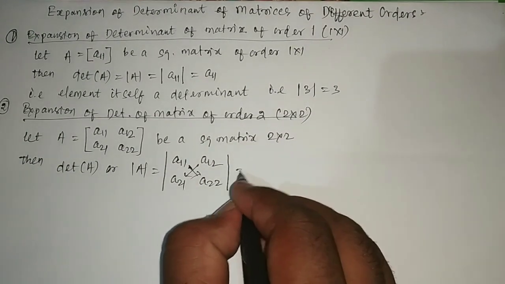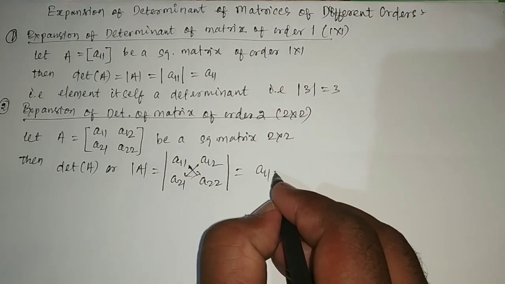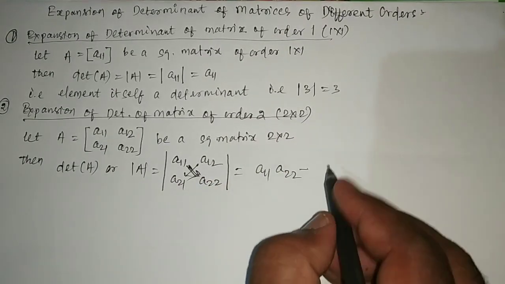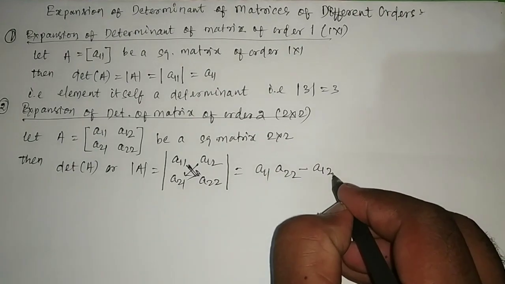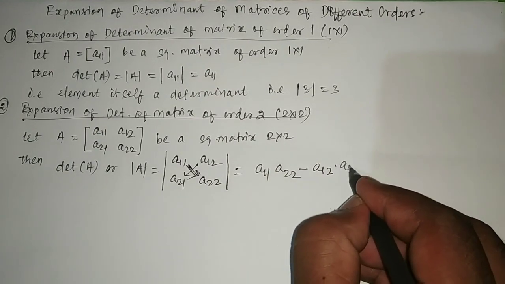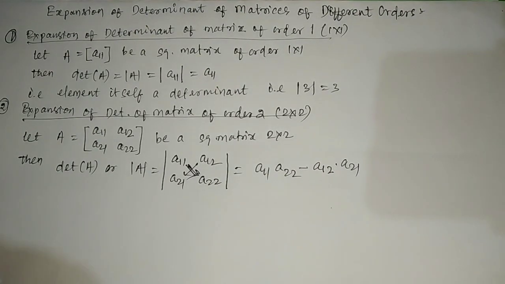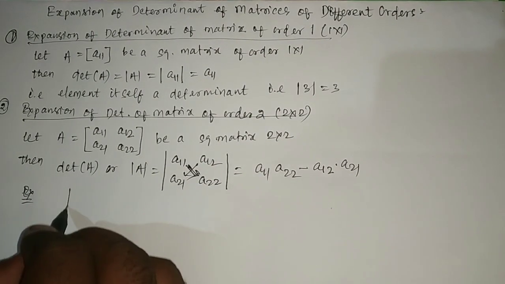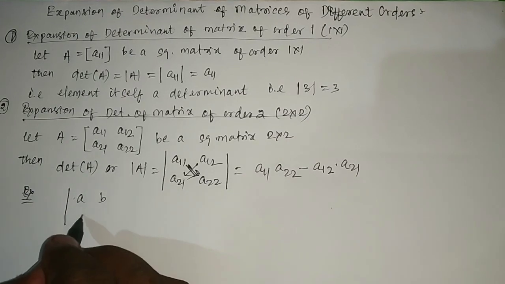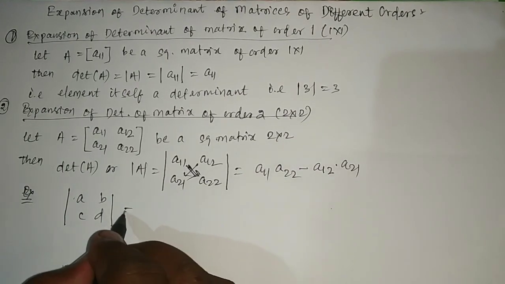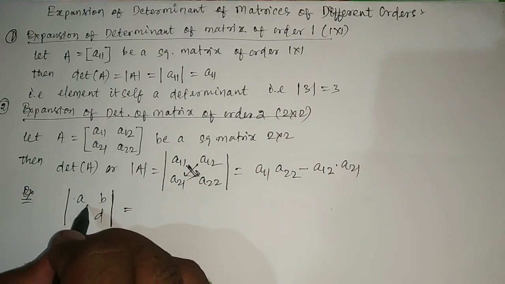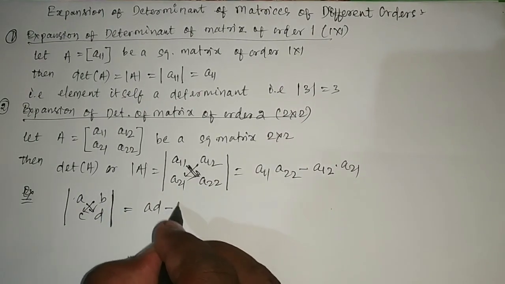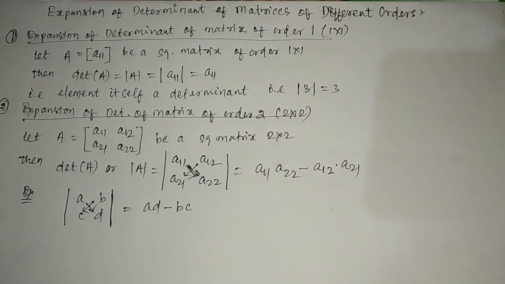That means a11 into a22 minus a12 into a21. Let's see here. The determinant of a 2 cross 2 matrix a, b, c, d is evaluated by cross multiplication, ad minus bc.